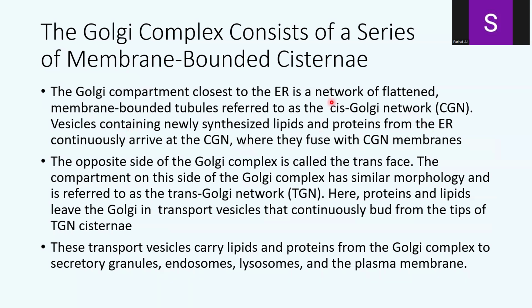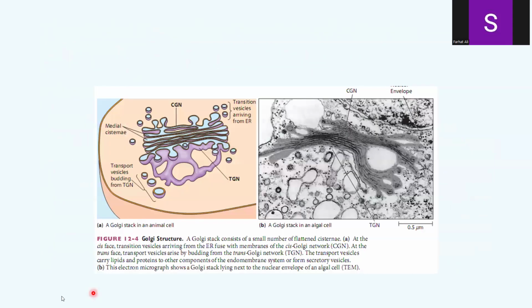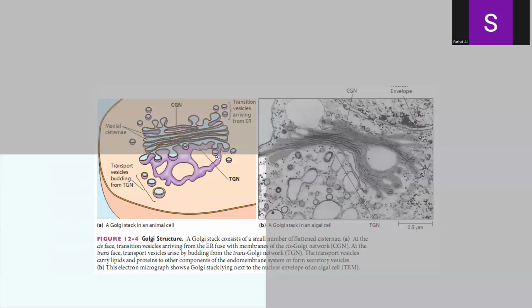So the vesicles move from the ER and then they are transported to the Golgi. So the region of the Golgi close to the ER, which is going to receive the vesicles, is called the cis Golgi complex or the cis Golgi network.